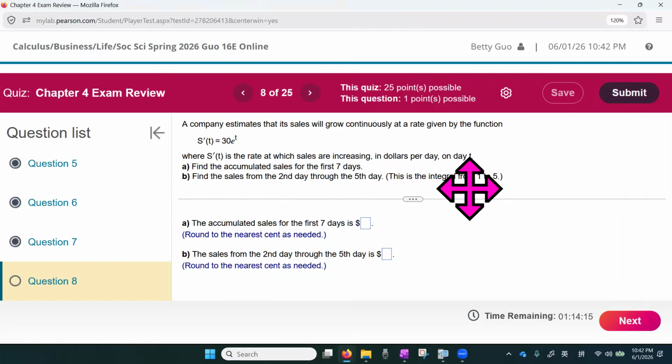S prime is increasing in dollars per day. The company estimates that the sales will grow continuously. T is in days, S is in dollars. Okay, looks good.